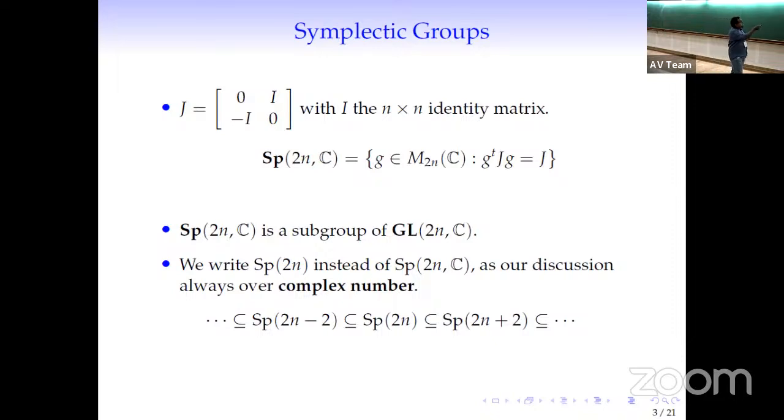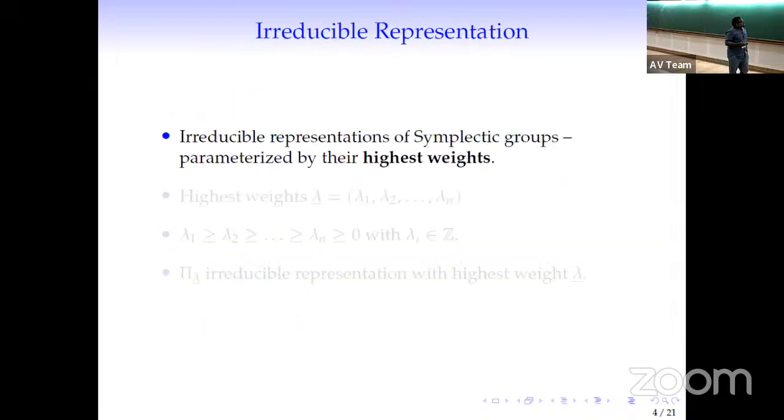We start with J, take I equal to n by n. If you take I equal to (n-1) by (n-1), then you will get the corresponding Sp_{2n-2}.